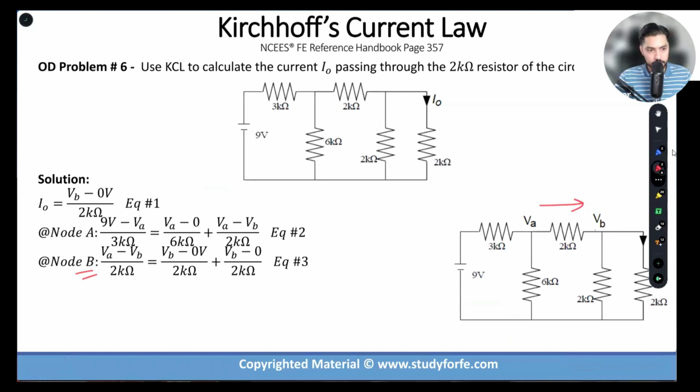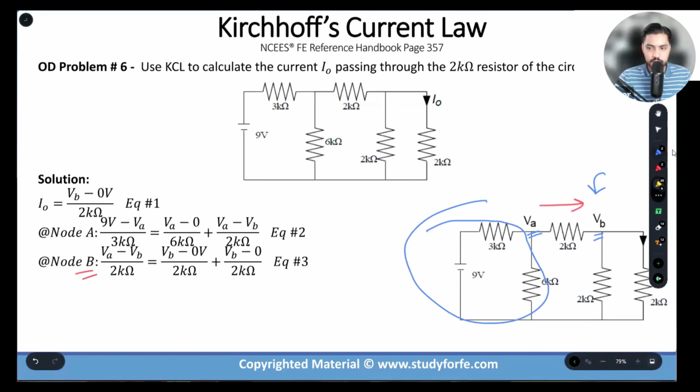Okay, very important point. Now if the current is entering from VA to VB, when we're writing the nodal equation at B, we actually don't care about what else was happening over here.